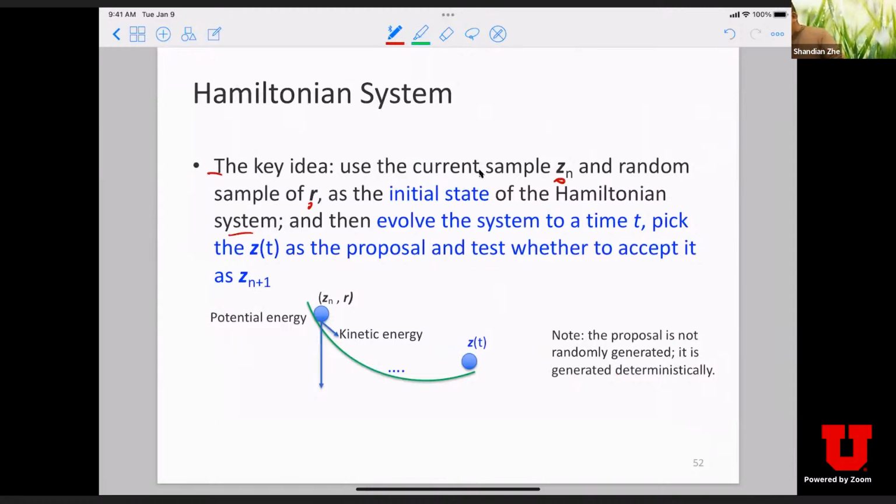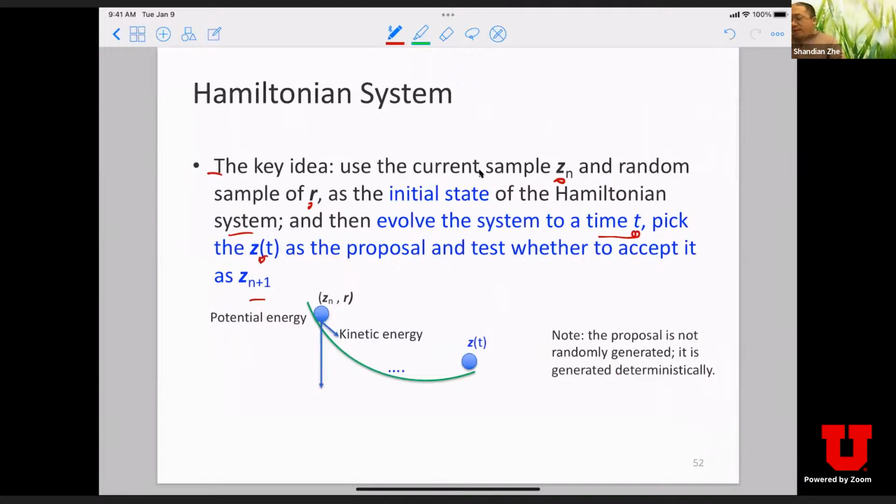Then we evolve this system to a particular time point t. Then we pick Zt as the proposal, and test whether to accept this Zt as my new sample. That's it.